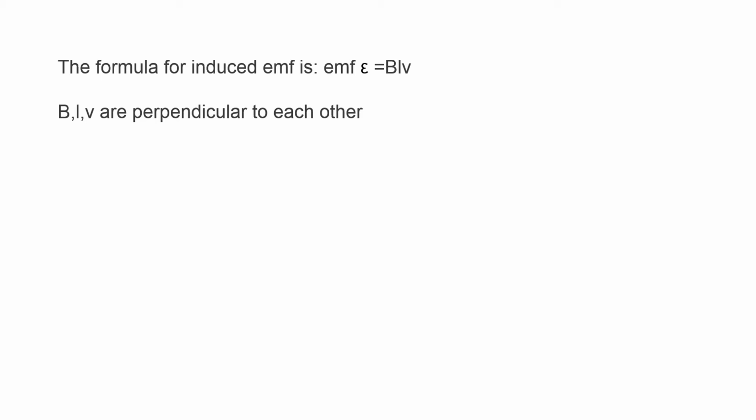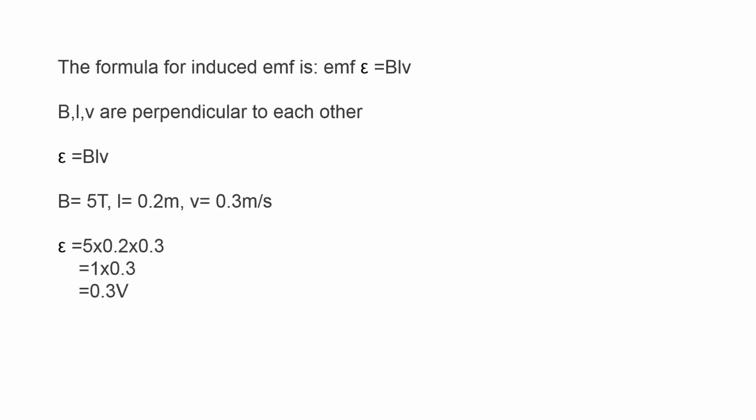Here these three are perpendicular to each other, so theta becomes 90 degrees, sin theta becomes 1, so you get induced EMF as epsilon equals BLV. Then you know the formula and the values of B, L and V. Substituting those in this formula, you get epsilon equals 5 into L value 0.2 and V value 0.3.